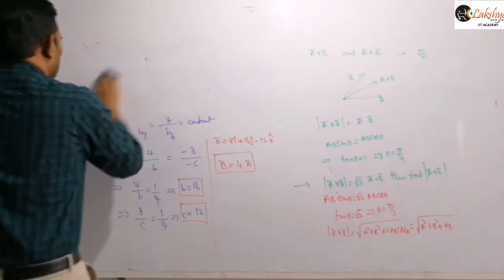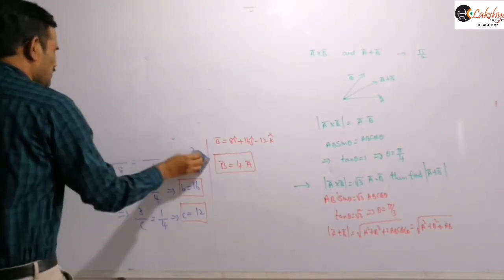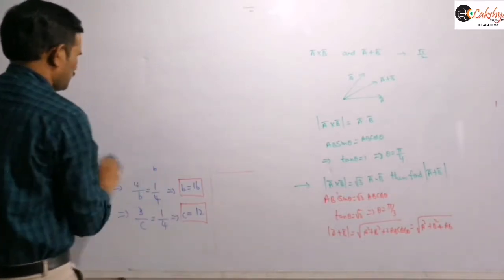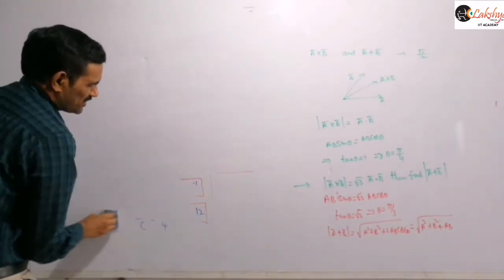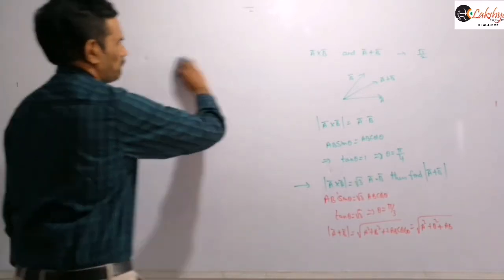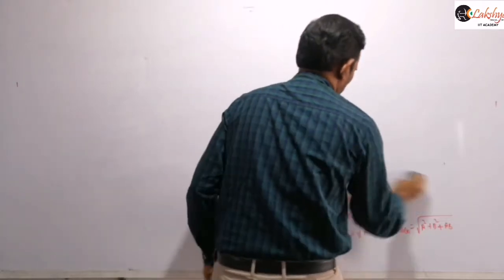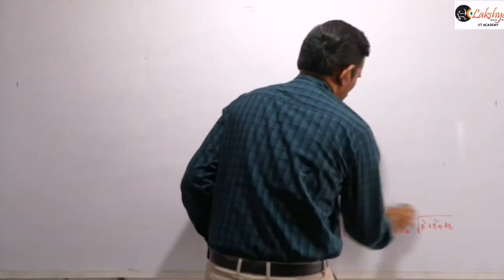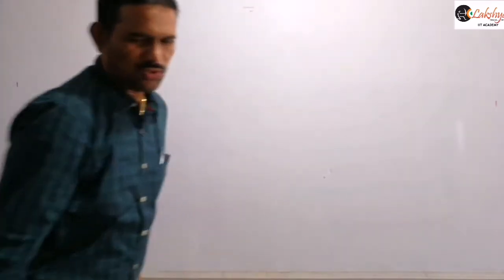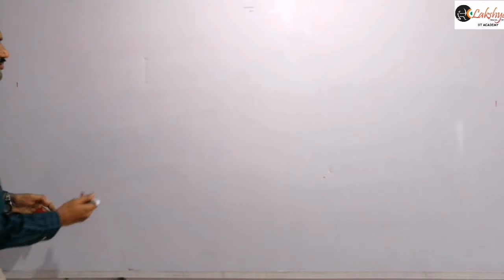And next, let us see the triple product of vectors. Actually, the product of two vectors is sufficient for us, and rarely we need to use the scalar triple product of vectors. Up to now we discussed the product of either dot product or cross product, the product of two vectors only.